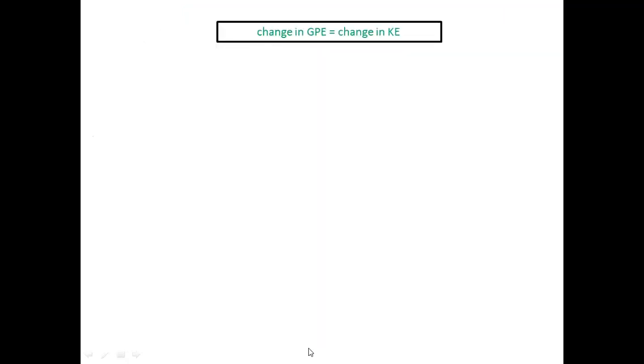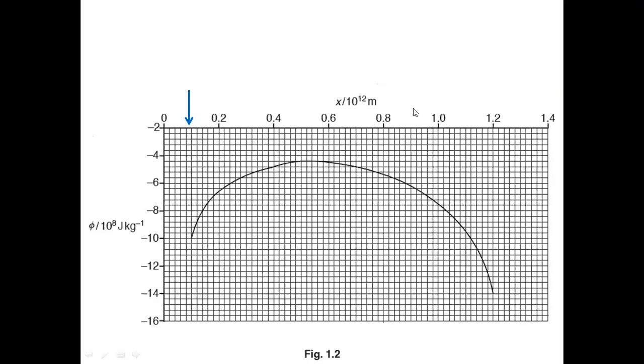Okay? So again, we have already established a while ago that the change in GPE can be determined using this formula. So we just have to look at the values of the mass and the final and initial gravitational potential. So looking at the graph, the scenario we're considering only, take note, is just the first part of the graph.